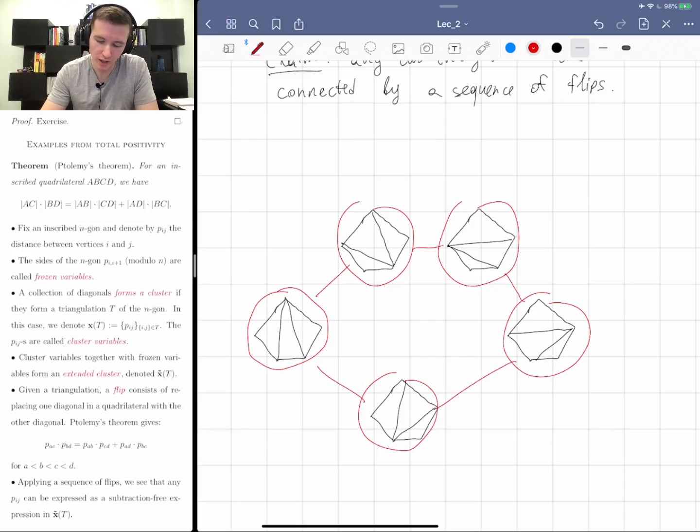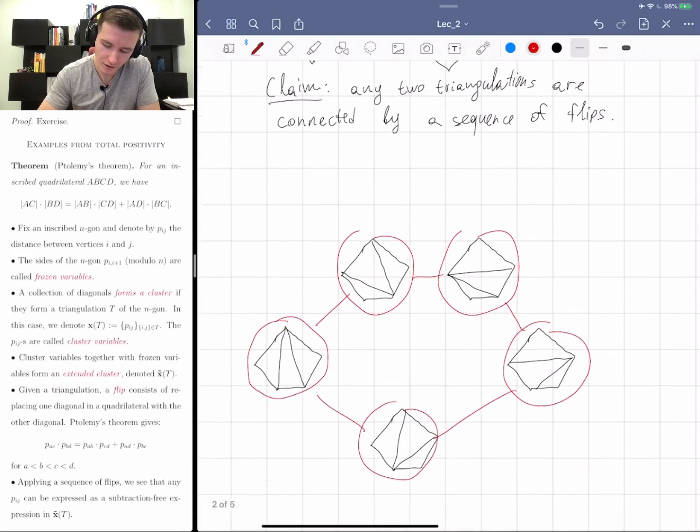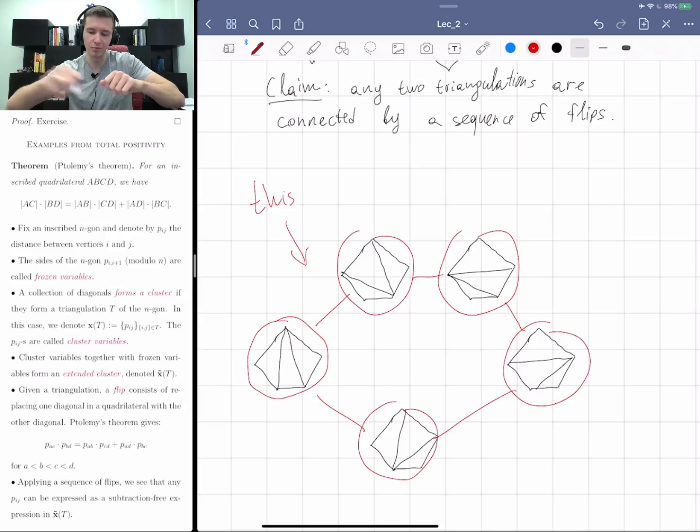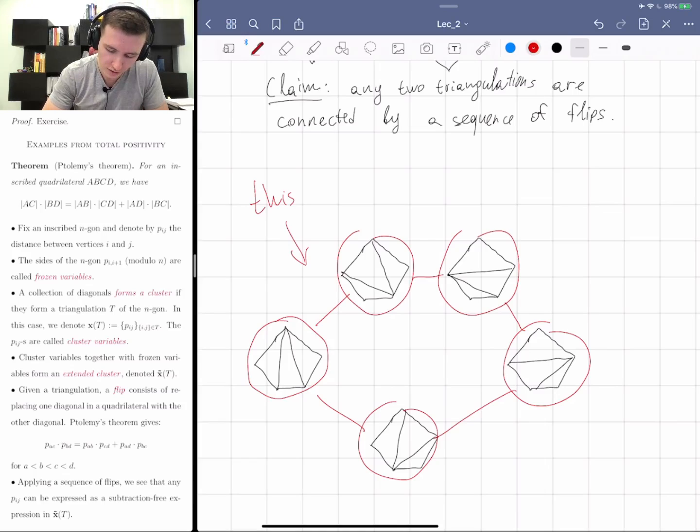And so, by the way, this graph, you can take all triangulations and make a graph where the vertices are triangulations and the edges are whenever I can perform a flip from one triangulation to the other. And this graph is called the associahedron.